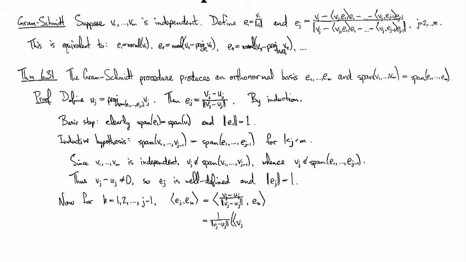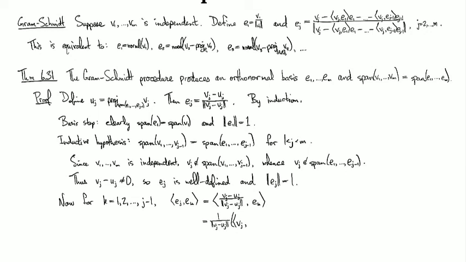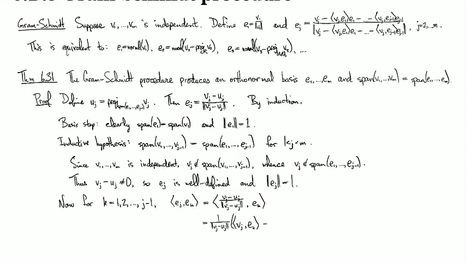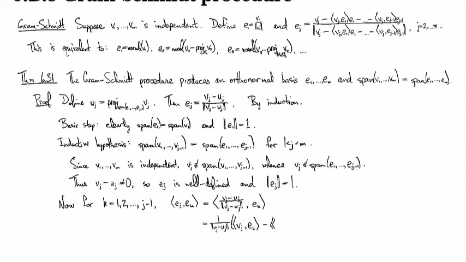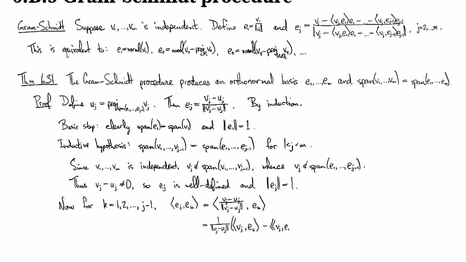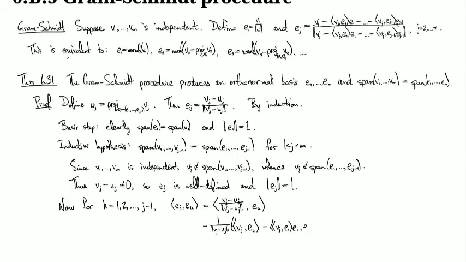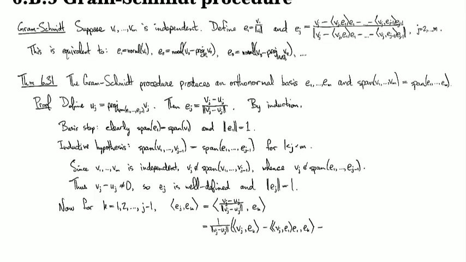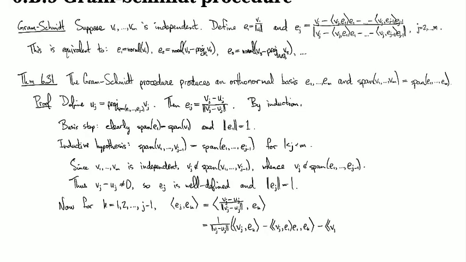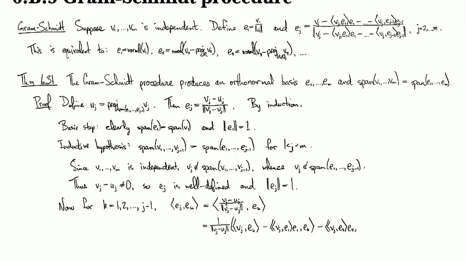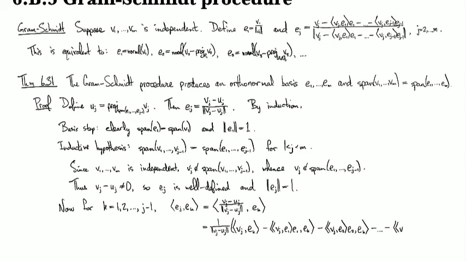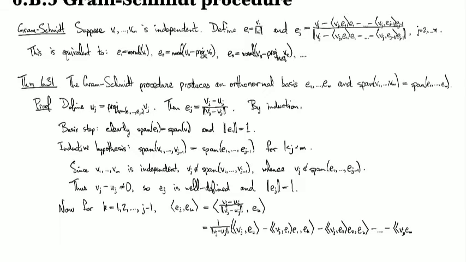So let's see, we've got Vj against Ek, and then I have minus the first part of Uj, which is going to be Vj against E1, times E1, and then I have minus the next component of Uj, which would be Vj against E2, times E2, and so on and so forth.